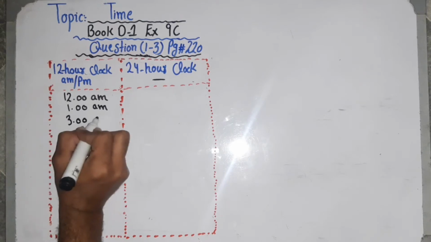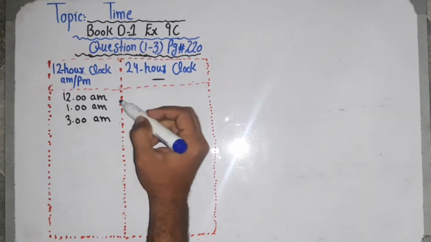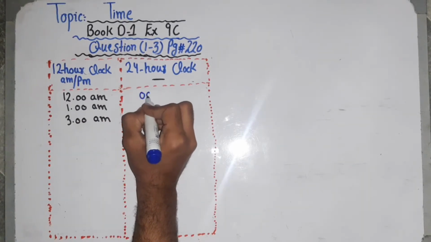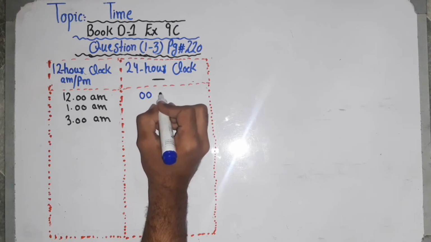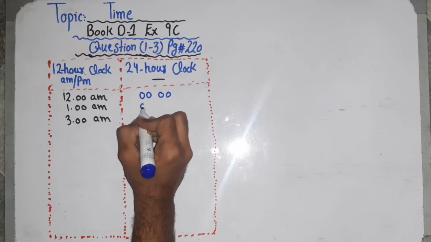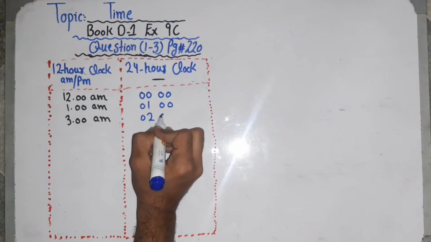Now we are going to represent this time on 24-hour clock also. If the time is 12 AM, the time on 24-hour clock is 0000, and then for 1 AM it is 0100, and then 0200.